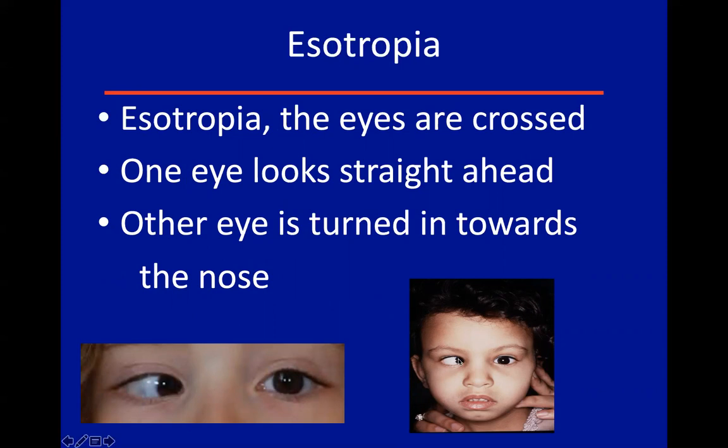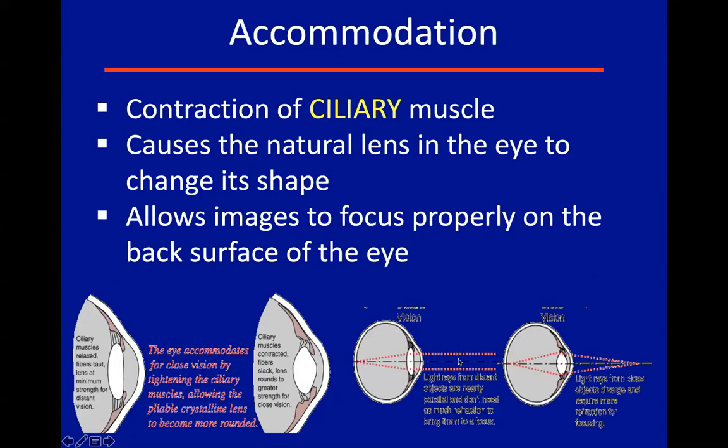Very nicely seen here. I'd like to talk a little about accommodation because that can kick into esotropia. So let me spend a minute or two, although you should have taken it in your physiology. Remember we talked about the ciliary muscles before, but in a different context.